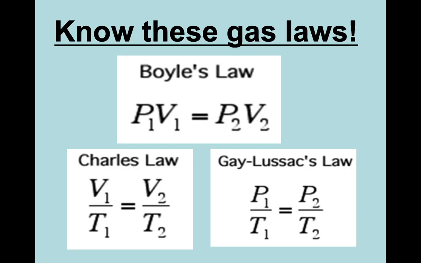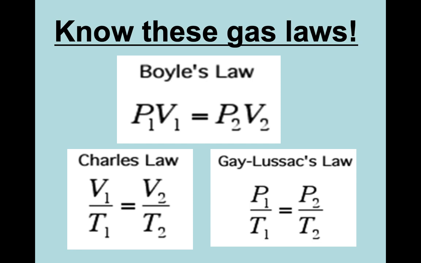Easy stuff. Okay, so here are the gas laws. Oh, that was the end of the slide. Look at that. Here are the gas laws that you need to know, theoretically, so you can write them down for notes if you need to have them for a quiz or something. So Boyle's law is pressure and volume equals pressure and volume.